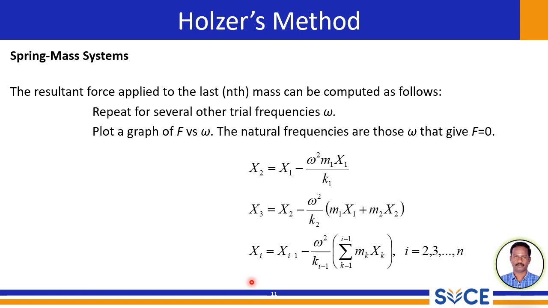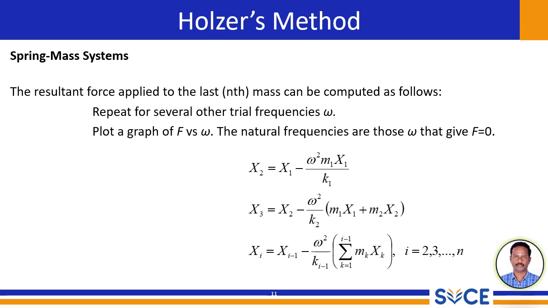Therefore, to find the natural frequencies of the spring mass system using the Holzer method, we repeat this process for several trial frequencies and then plot a graph of the resultant force on the last mass against the assumed frequency omega. The natural frequencies of the system will be the values of omega at which this force F becomes 0.